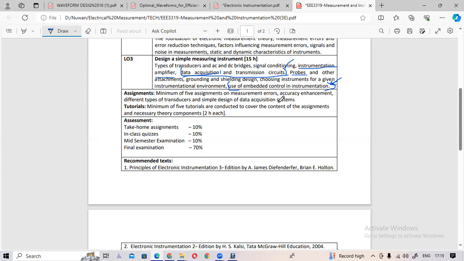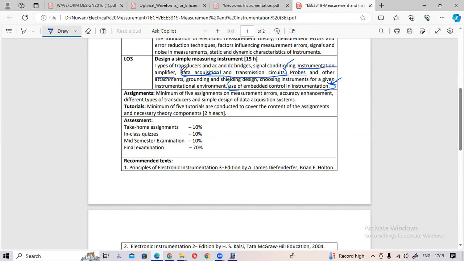You have to give a plus DC offset to the signal, by adding a plus DC component. So that is signal conditioning. For the ADC also, there are many signal conditioning processes, such as converting and filtering. So that is signal conditioning.